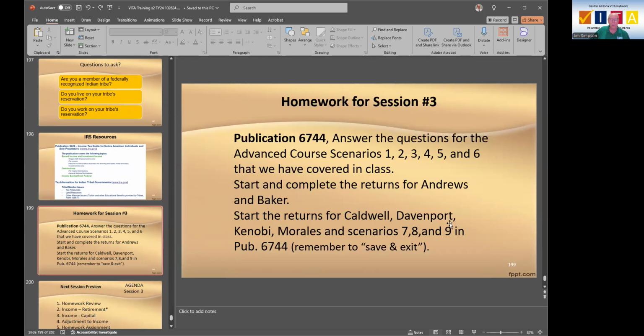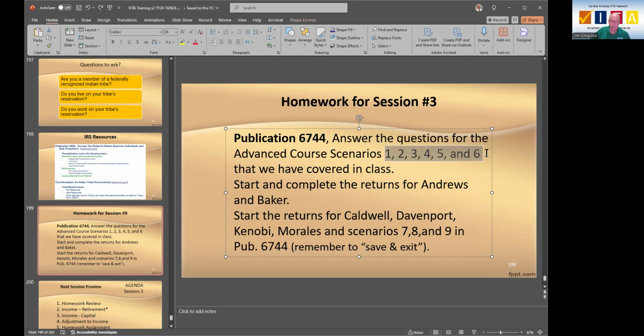Okay, so we're coming to the end of this. Here's what I want you to do before the next session, and it won't be session 3. It's going to be session 2. Yeah, it'll be session 3A, right? Go into your Publication 6744. That's the test booklet. Answer the questions for the first 6 scenarios that we've covered in class.